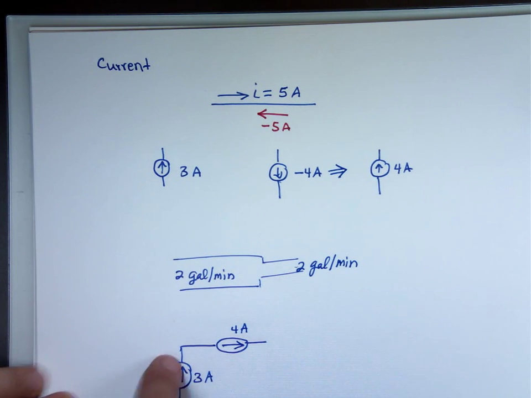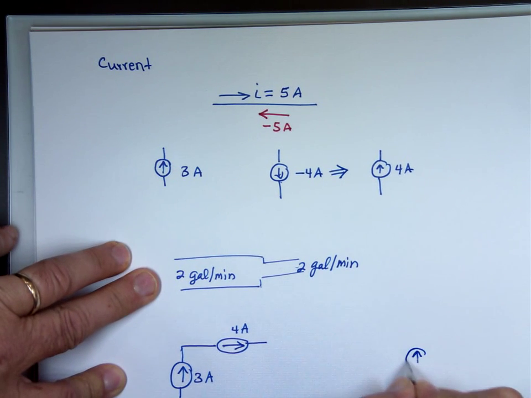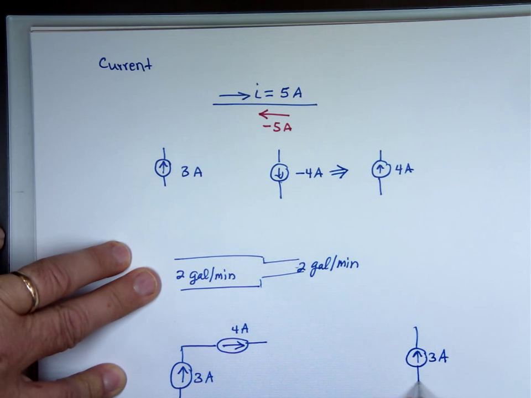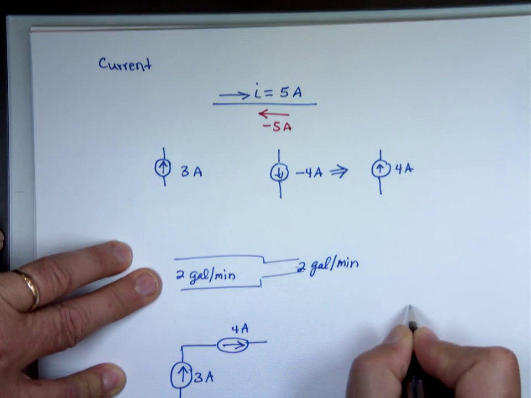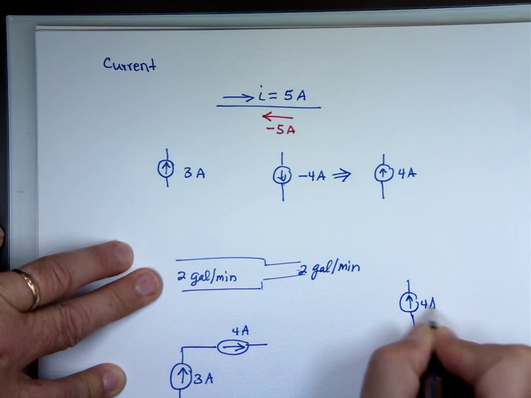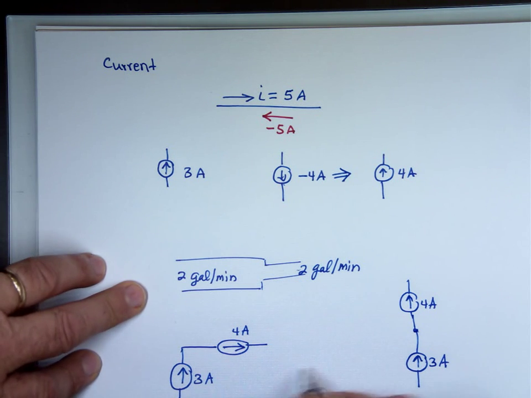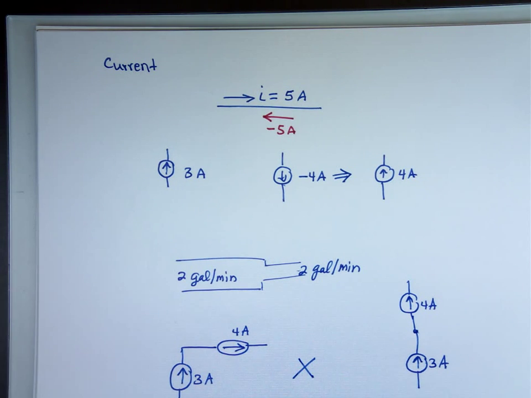I just bend the wire, big deal. If I don't bend the wire, I'm saying that 3 amps going this way, going through this, pretend that's a hose, going through that hose. And now we got 4 amps going through that hose. How can you have 4 amps and 3 amps going through the same hose? You can't. So that's definitely wrong. Definitely.